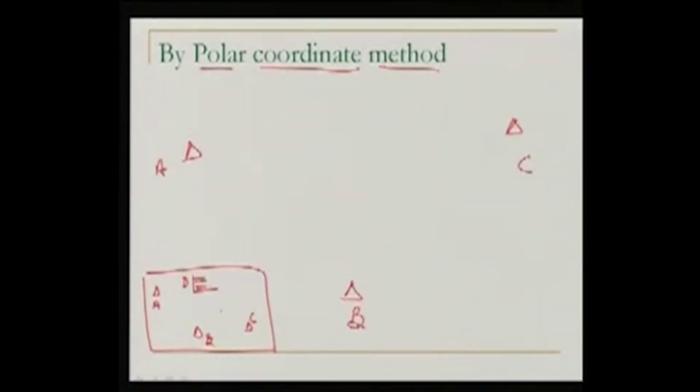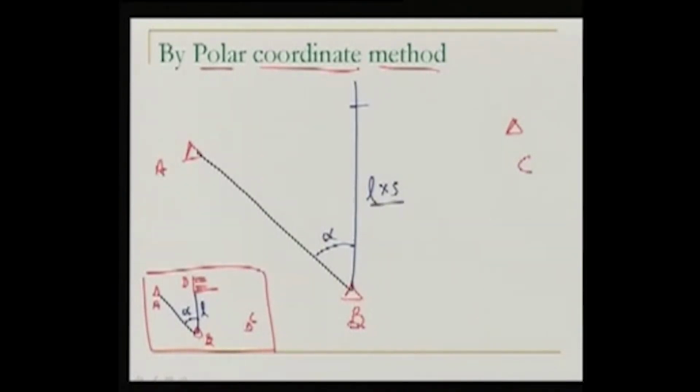So what we can do, I can have a reference line, and from this reference line I can observe the angle. I can measure this angle alpha, and also I can measure the distance L. So this is the polar coordinate system over here, and what I do now in the field, I go to that reference line BA, and from that reference line we'll set out angle equal to alpha, and then on that line we will set out the distance L. Of course, this L will be multiplied by the scale of the map because we are working in the field.